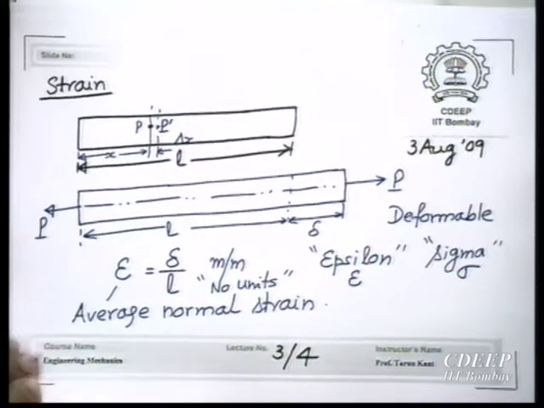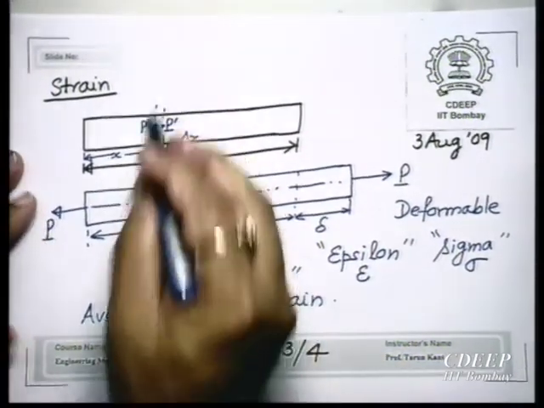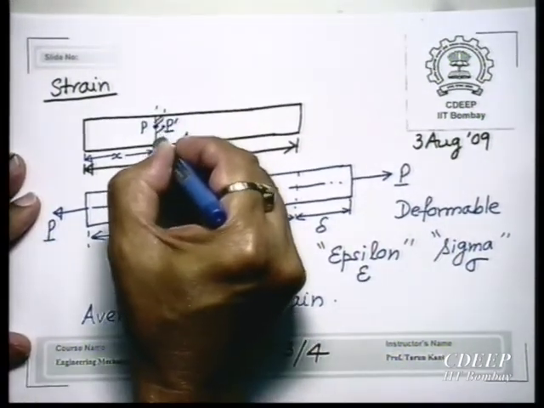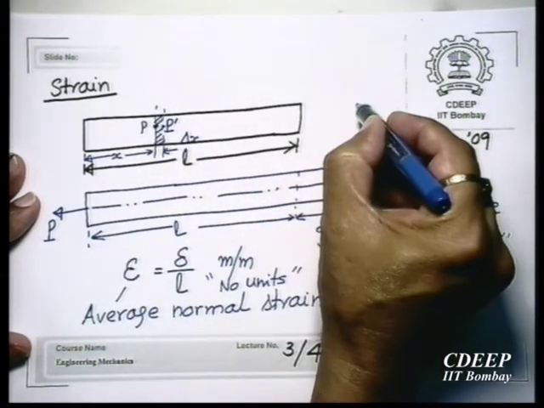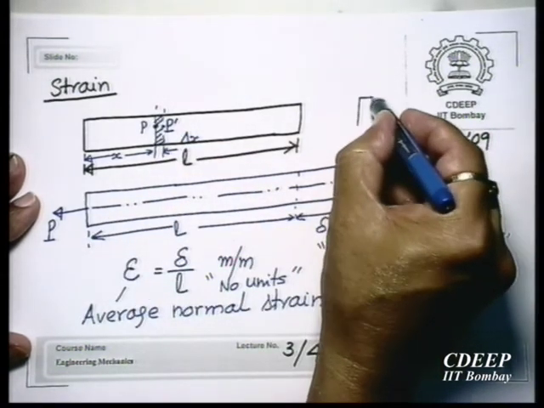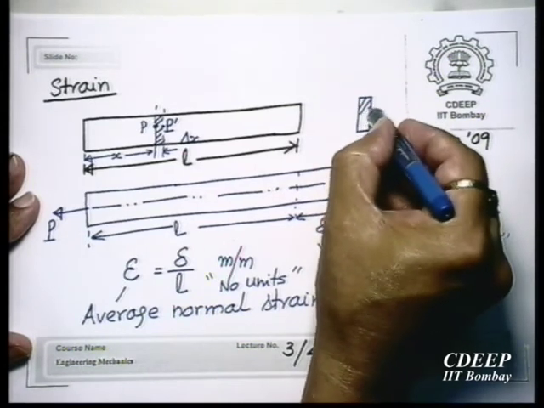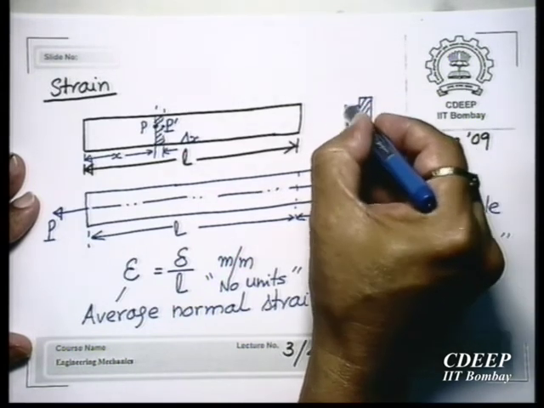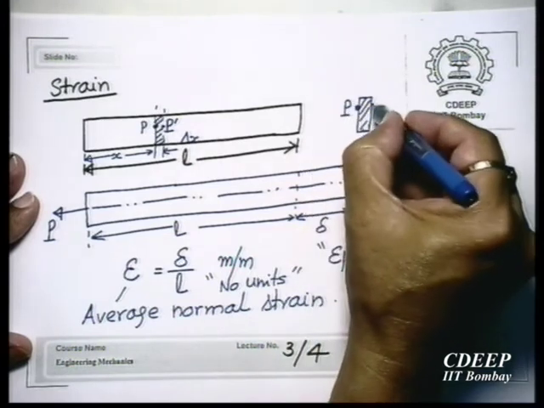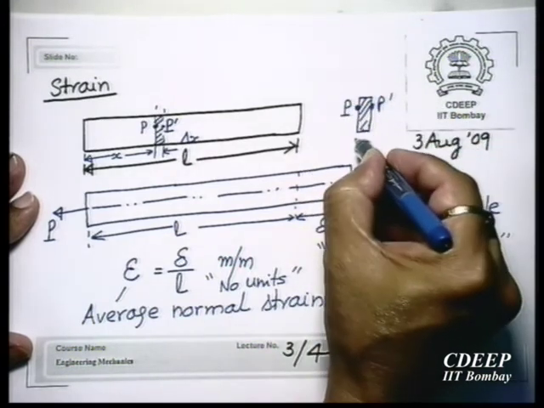If I take this element out, it will look something like this. This is point P, this is point P dash, and this is dx.